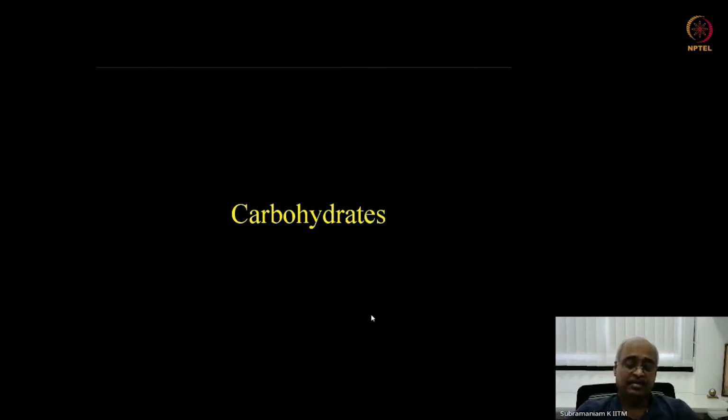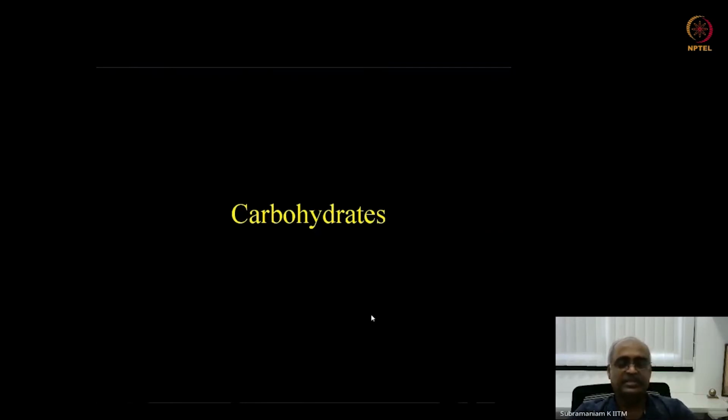And the exoskeleton of insects: you would have seen many insects whose wings are covered by a thick, shiny outer cover. Those shiny things are made up of a polysaccharide called chitin. We will see that soon.